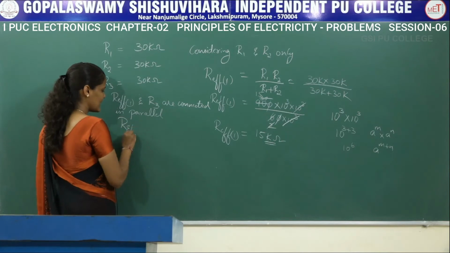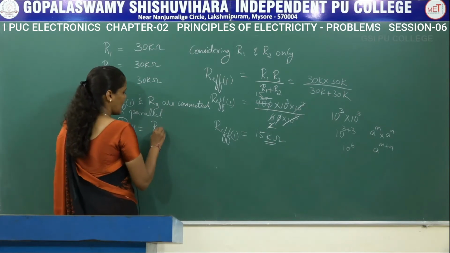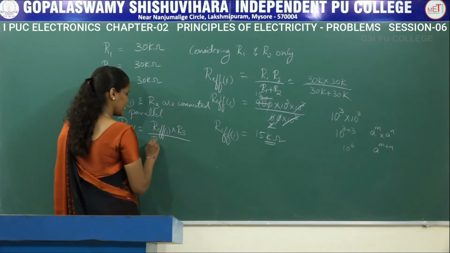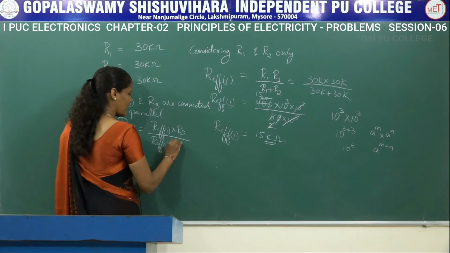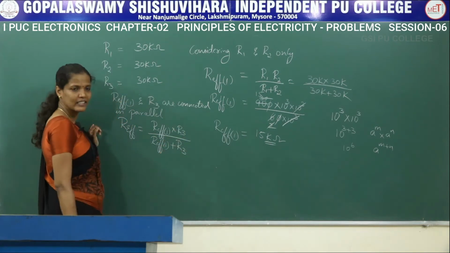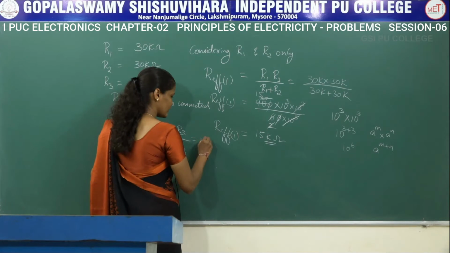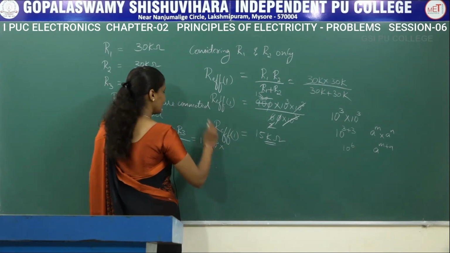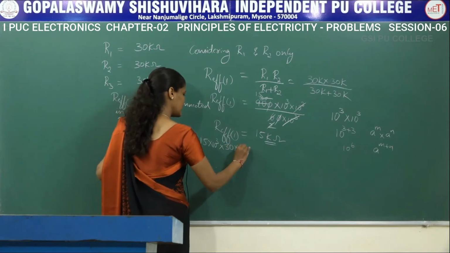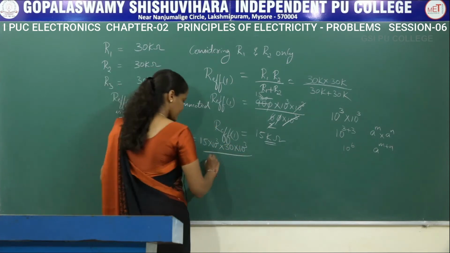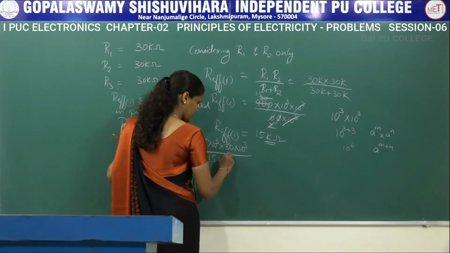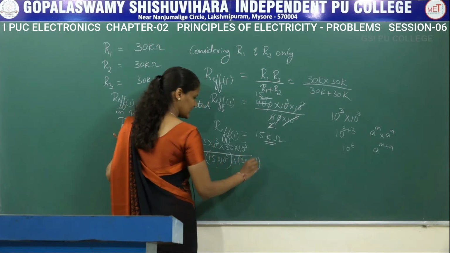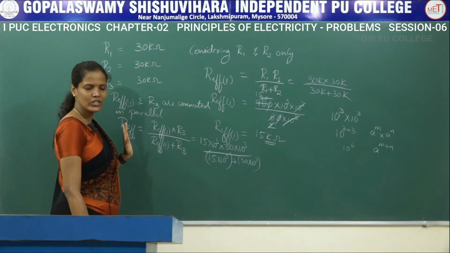So the final R effective will be equal to R effective 1 into R3 divided by R effective 1 plus R3. Clear? Now R effective 1 value is 15 kilo, 15 into 10 to the power of 3, into R3 value is 30 kilo, 30 into 10 to the power of 3, divided by 15 into 10 to the power of 3 plus 30 into 10 to the power of 3. I have just substituted those values.